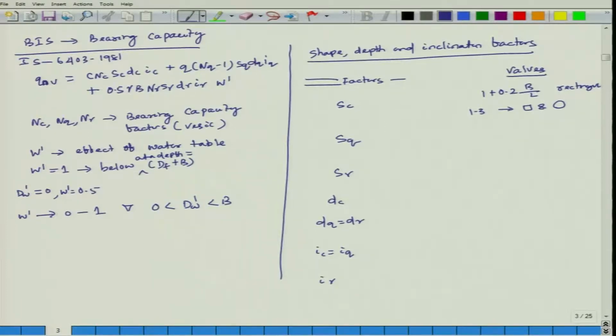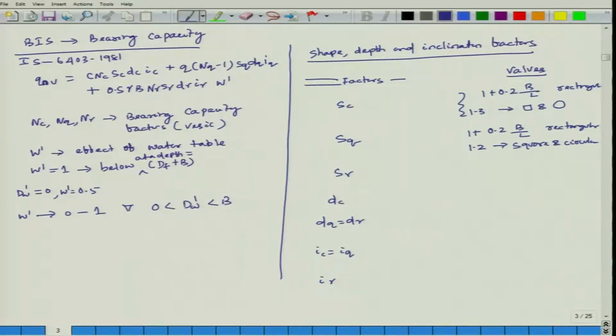Similarly, SQ will be 1 plus 0.2 B by L for rectangular, then 1.2 for square and circular.